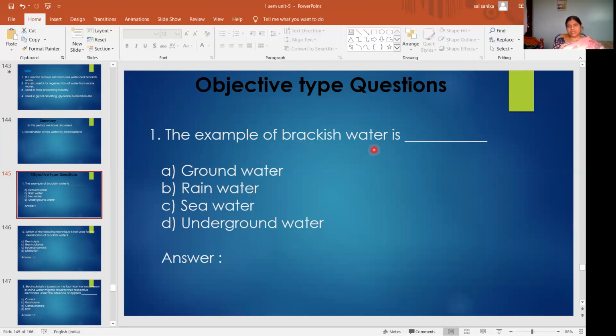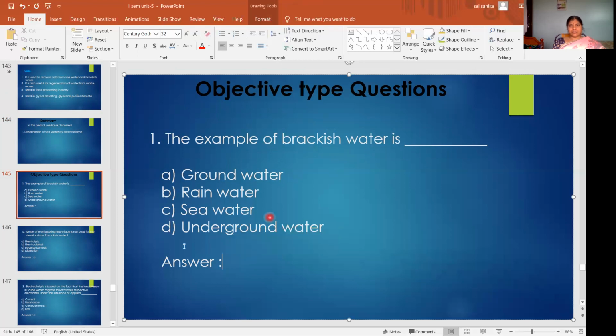The options are groundwater, rainwater, seawater, underground water. Which water contains salts here? The example for brackish water is seawater. Generally groundwater, underground water and rainwater will not contain salt.